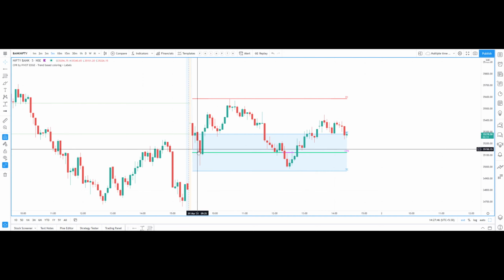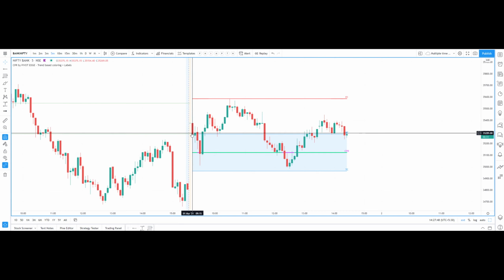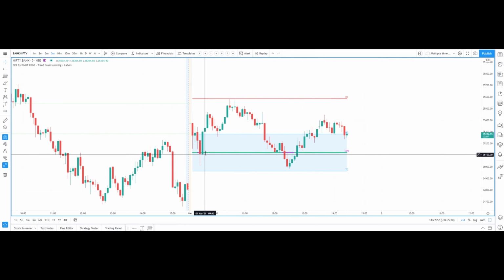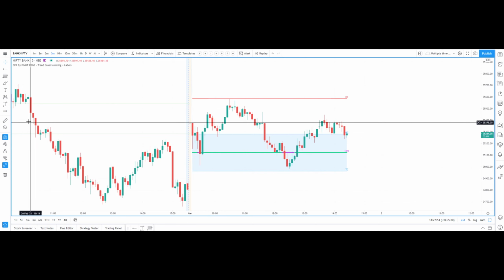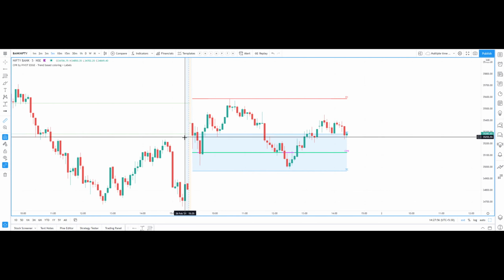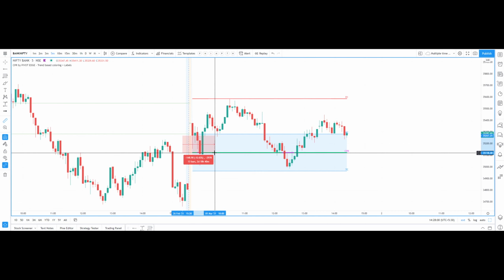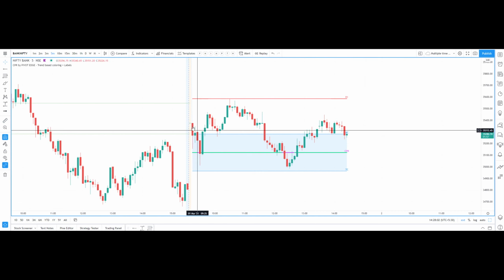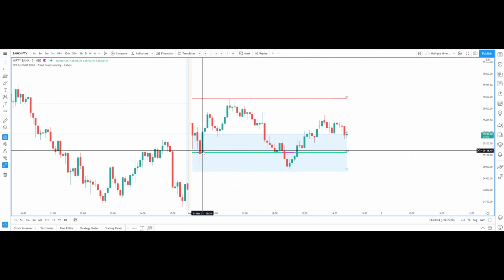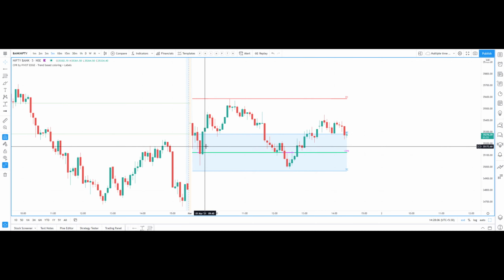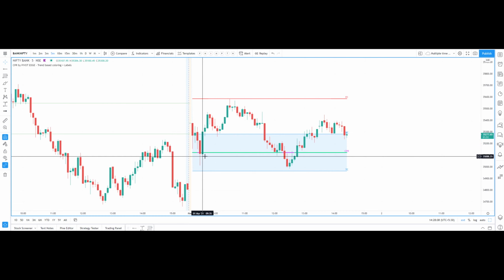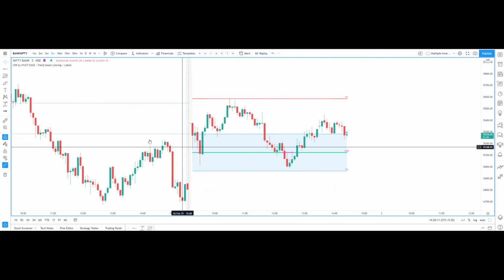Here it has taken a support, and in case after the first candle you have entered a trade, you have shorted, this could be your target, that is the CPR. So if after the first candle you short and book around 150 points, you can get that. The price has taken support at CPR and this candle is formed.